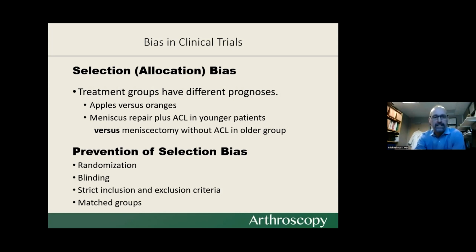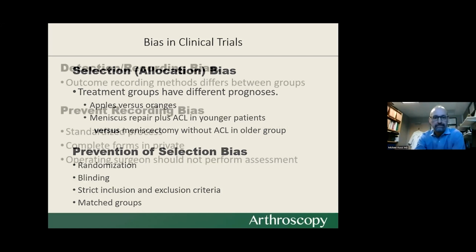Meniscus repair plus an ACL in a younger population simply cannot be compared to meniscectomy without an ACL in an older group. They just can't be compared. In order to prevent selection bias, we have techniques: randomization, blinding, strict adherence to the inclusion and exclusion criteria, and matched groups.